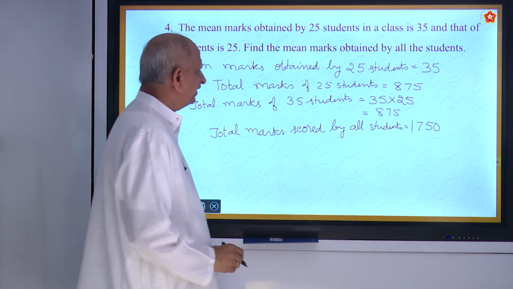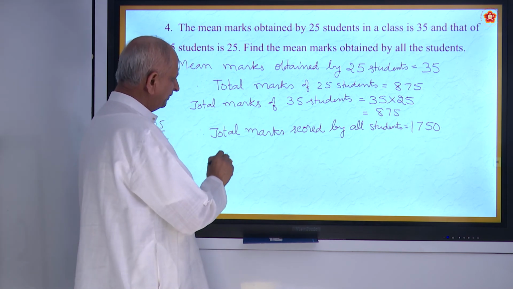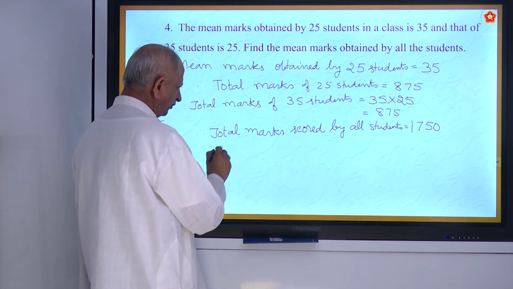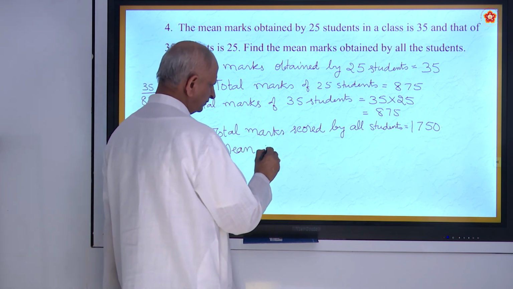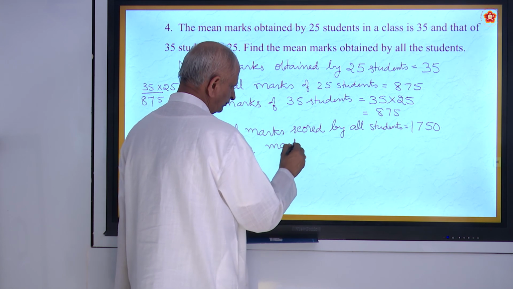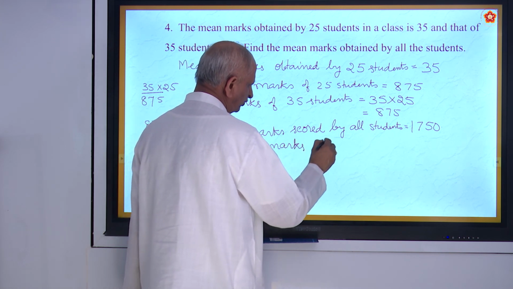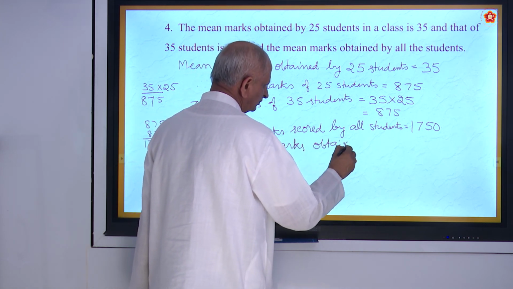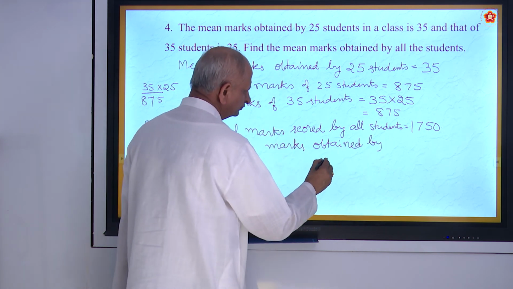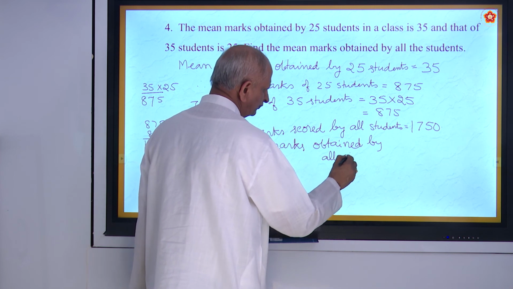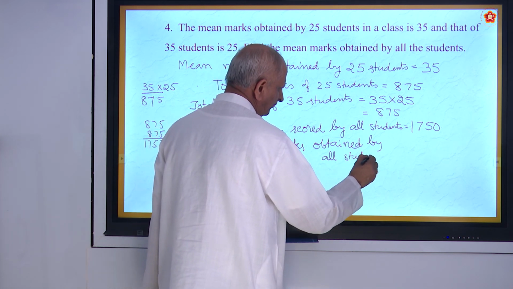And now they are asking to find the mean marks obtained by all students. What is the formula?